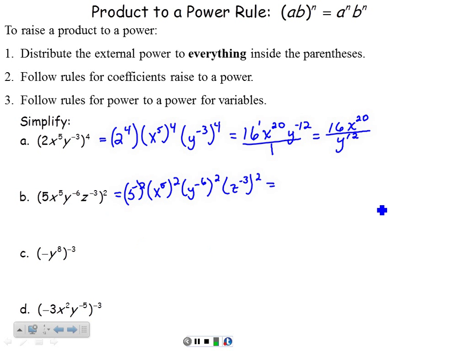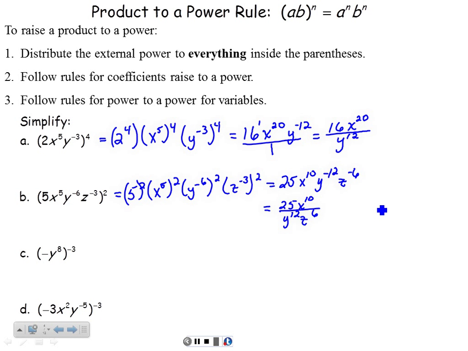So 5 squared is going to be 25. X to the 5th squared is going to be x to the 10th. Power to a power, you're going to multiply. Y to the negative 6 squared is going to be y to the negative 12. Z to the negative 3 squared is going to be z to the negative 6. And again, positive exponents stay on top, and negative exponents get pushed to the bottom.